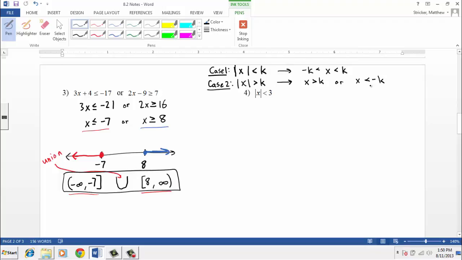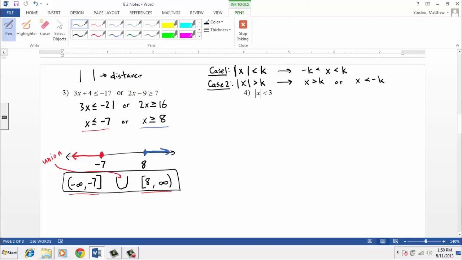Now, what we're going to talk about, though, is why we can go from this absolute value form to these compound forms. And it all stems from the fact that absolute value means distance.